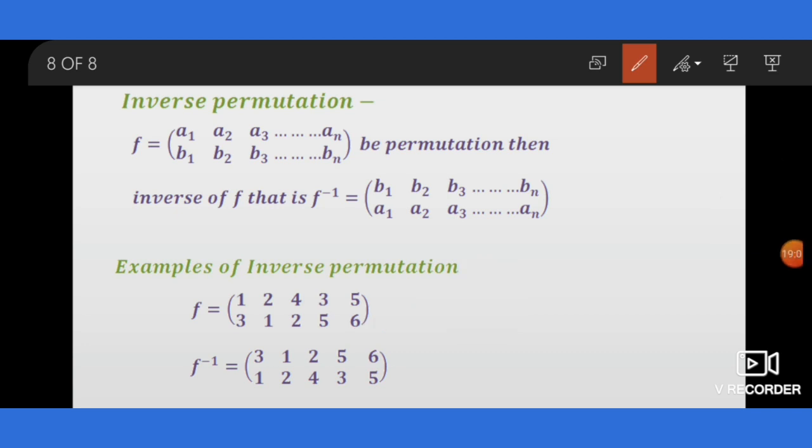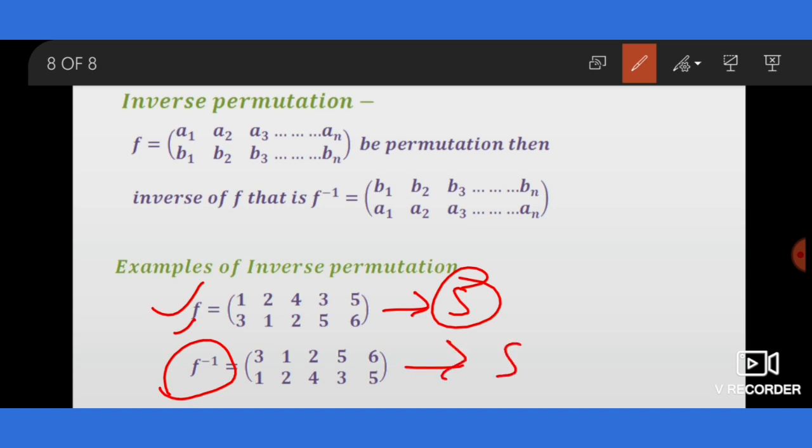Now permutation f has degree 5 and the permutation f inverse has also degree 5.